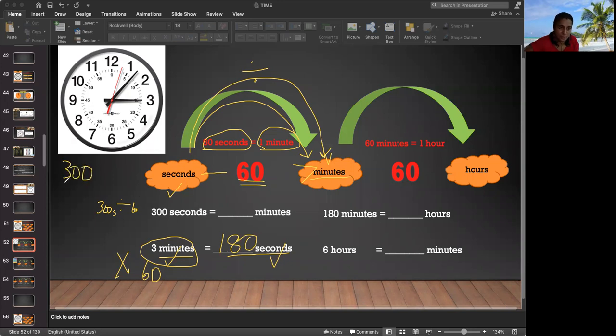You can do it in the fraction way: 300 over 60. Cut a zero up and down, you're left with 30 divided by 6, which gives you 5. So 300 seconds means 5 minutes.